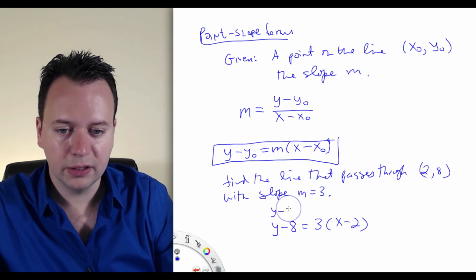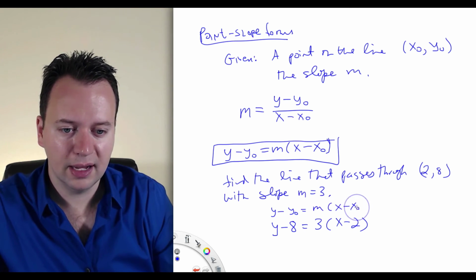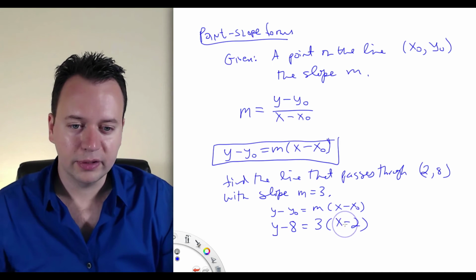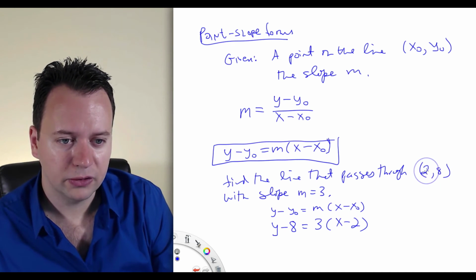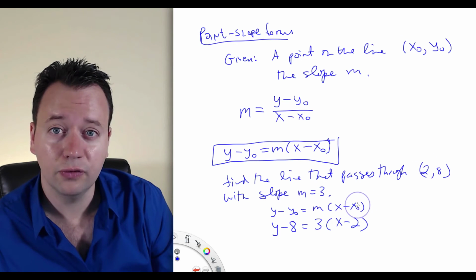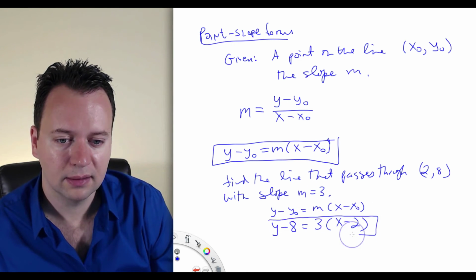Notice it's just y minus y naught is equal to m times x minus x naught. I just took the point that I was given, which is the point 2, 8, and I inserted x is equal to 2 for x naught, and 8 for y naught, and then the slope of 3 for m. And so I have the equation like this.